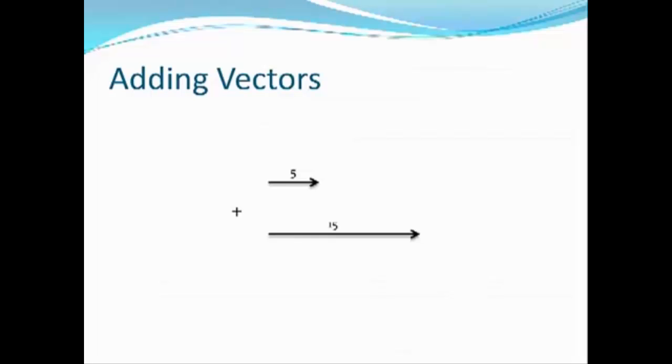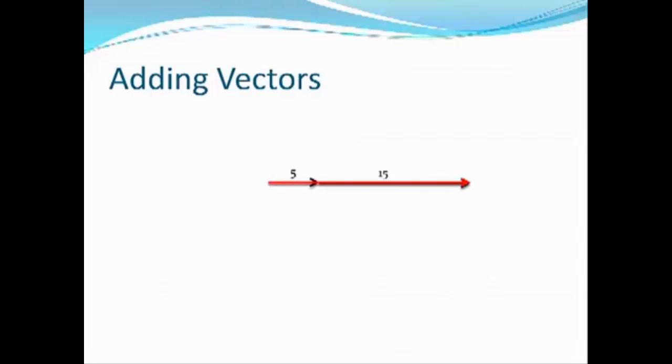Say I wanted to add a vector of 5 to the right with a vector of 15 to the right. Now, a nice thing about vectors is that you can move them and it doesn't change the vector. So we'll move the tail of the 15 to the tip of the 5. And our new vector goes from the beginning of the 5 vector to the end of the 15 vector, like so.